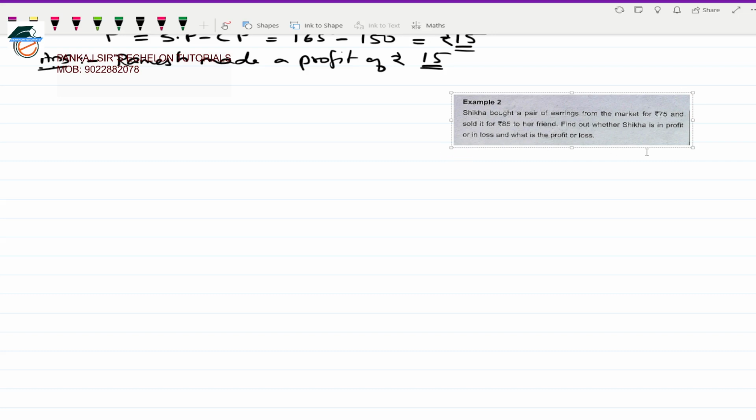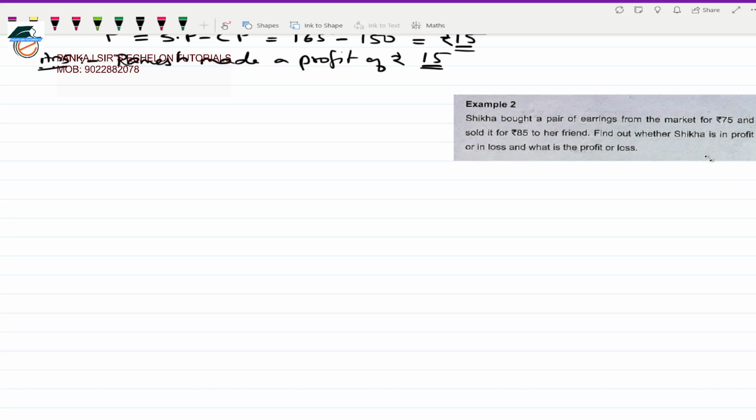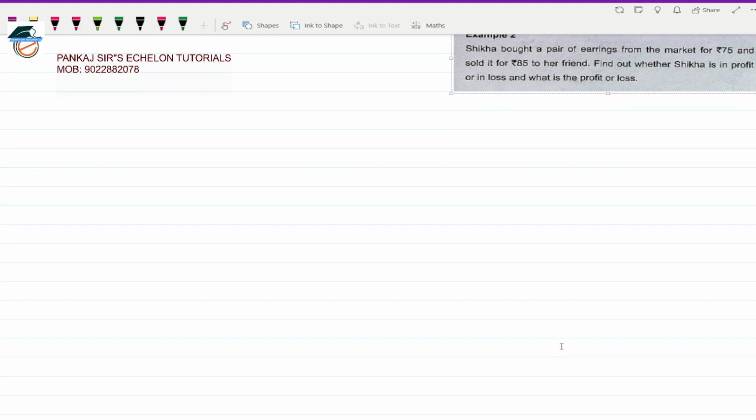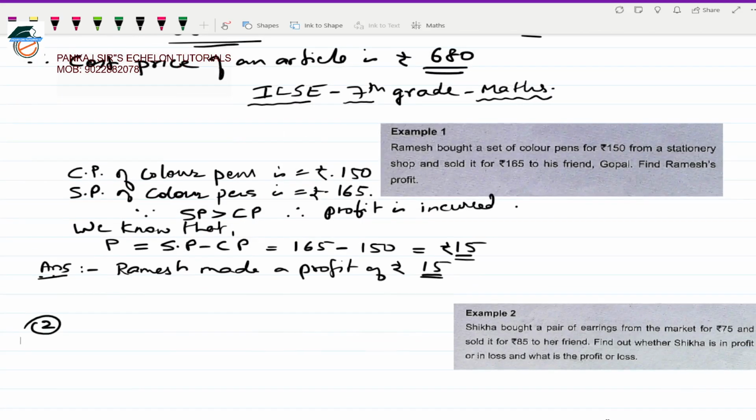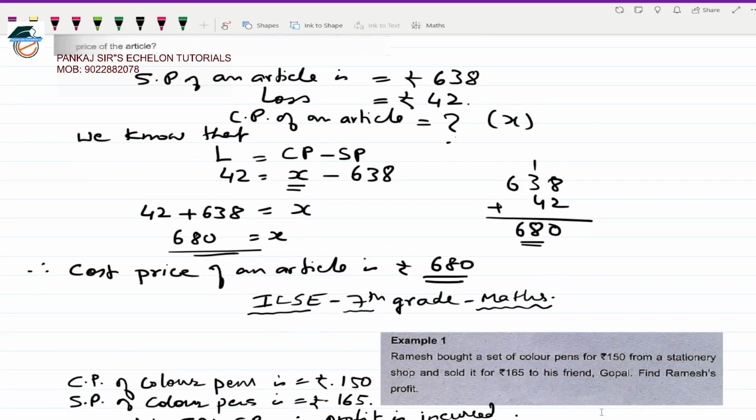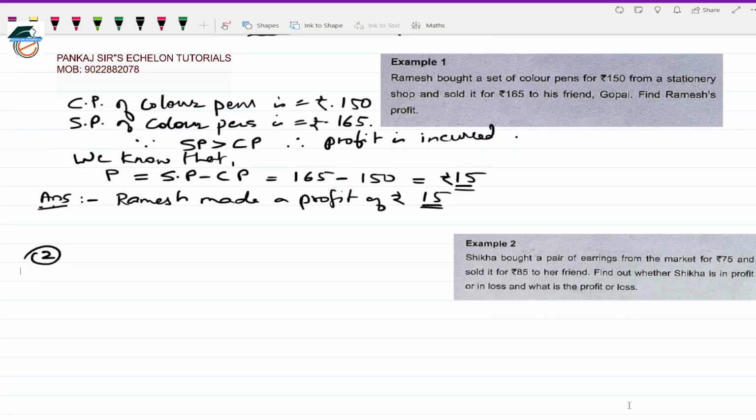Okay. So here you are. Okay. Example number 2. Now what example number 2 has to say is Shikha bought a pair of earrings from the market for rupees 75. Okay. So you can write down here number 2. That was 1, right? Did I write that? No. This was 1.